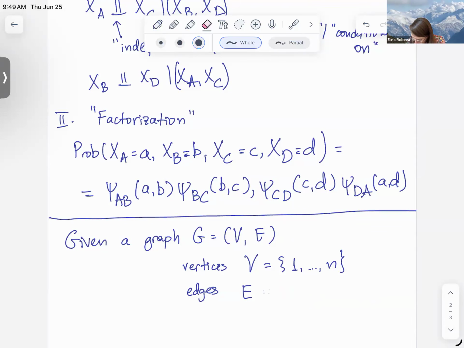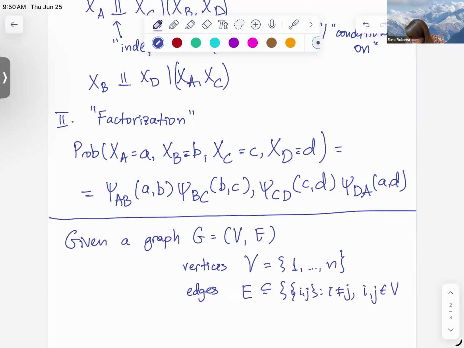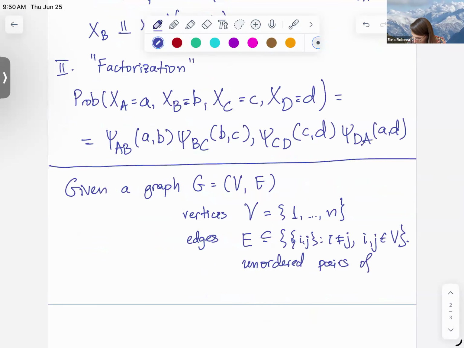This is a subset of all possible unordered pairs ij such that i not equal to j, ij in V. Okay, so unordered pairs of vertices. Okay, so this is our setup.